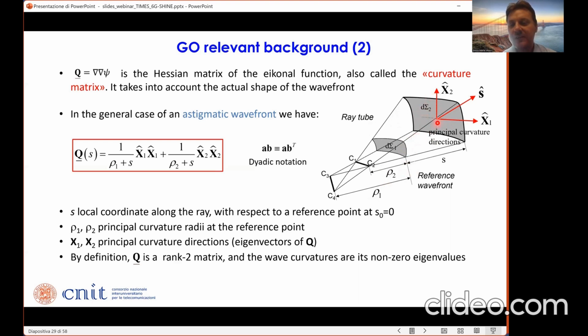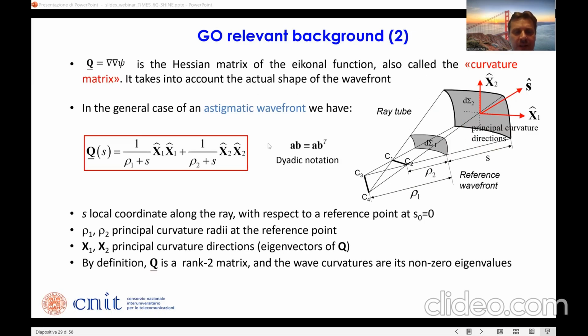And we can also define these two unit vectors, x1 and x2, which are called the principal curvature directions. A compact way to express the concept of principal curvatures and principal curvature directions is using the so-called curvature matrix.